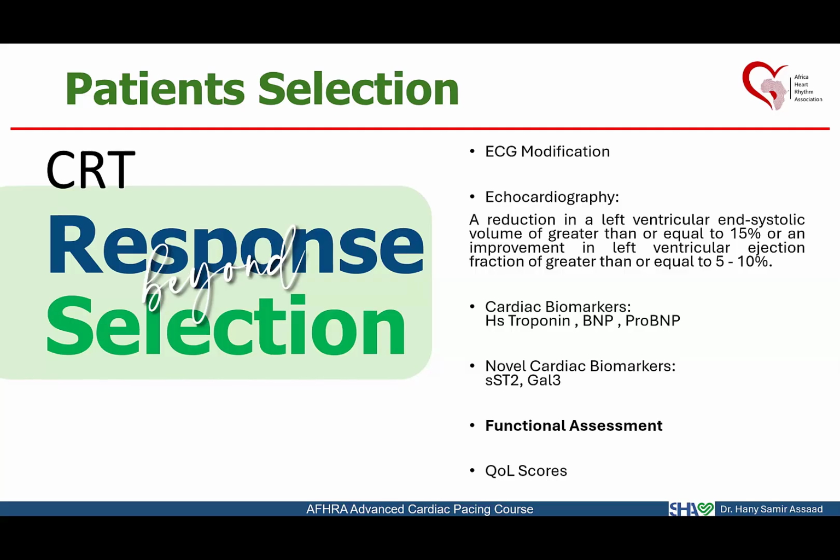Cardiac biomarkers, improvement of proBNP, for example, and novel cardiac biomarkers like soluble ST2 or galectin-3. But the most important is the functional assessment: the patient symptomatology, the prevention of rehospitalization, either by clinical assessment or using quality of life scores.